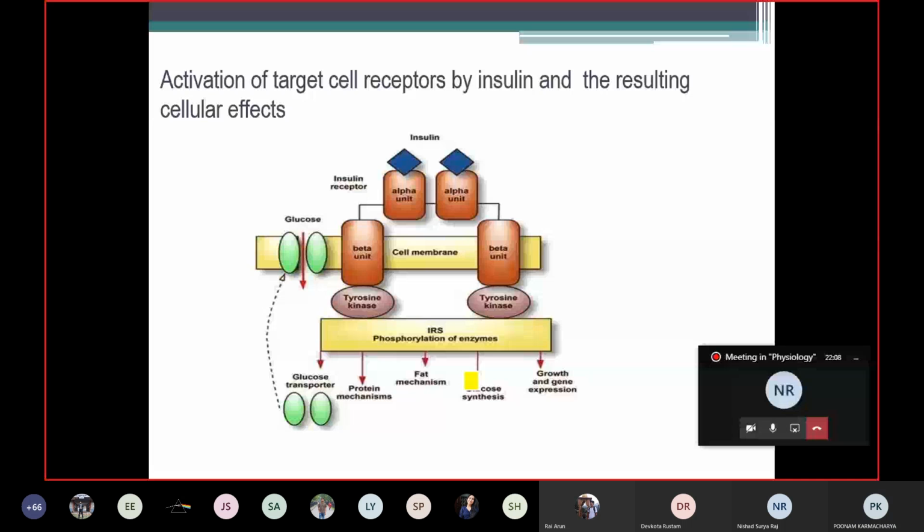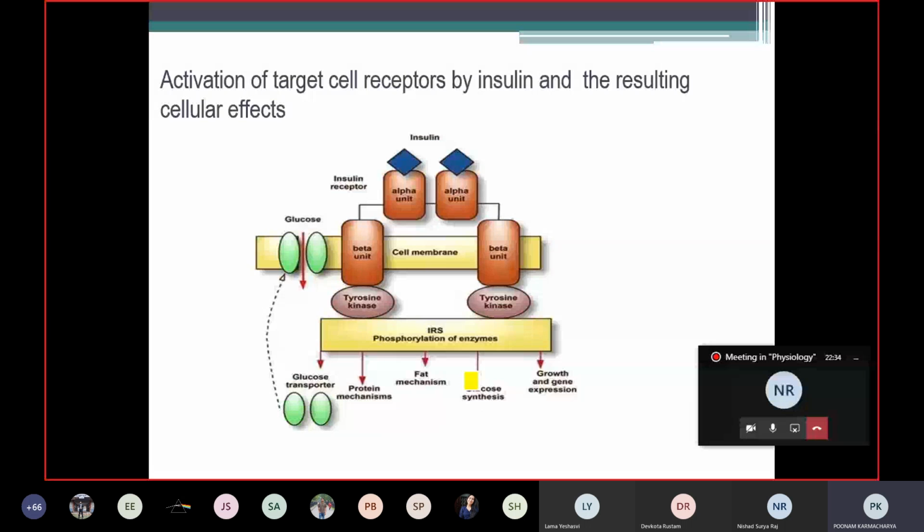So what kind of cellular effects does this insulin bring? We have already studied in the last class how insulin, after it is released, goes to its receptors in the particular target cell and brings about glucose metabolism, fat metabolism, and protein metabolism. It also helps in the growth and development of the individual, right?